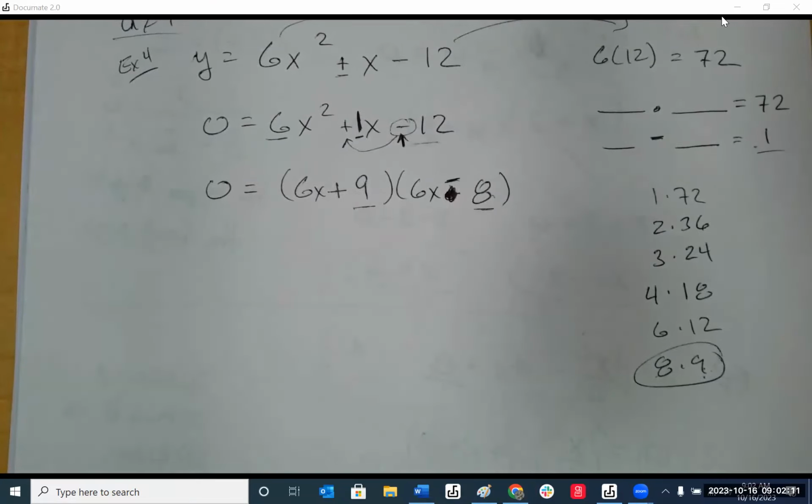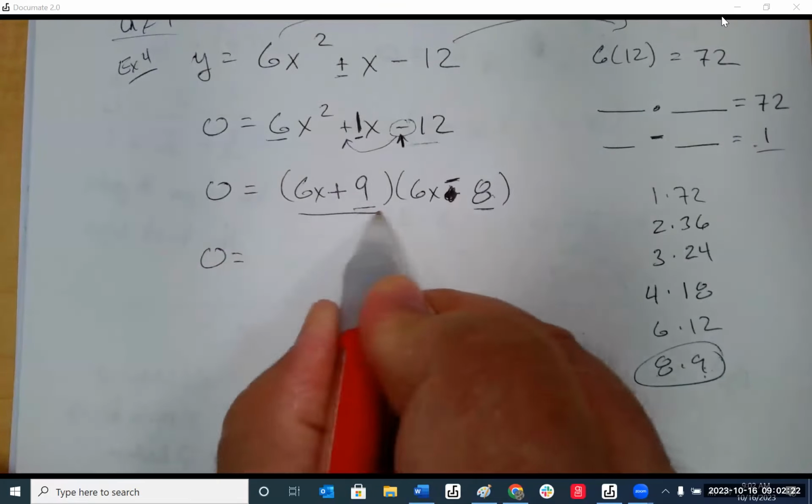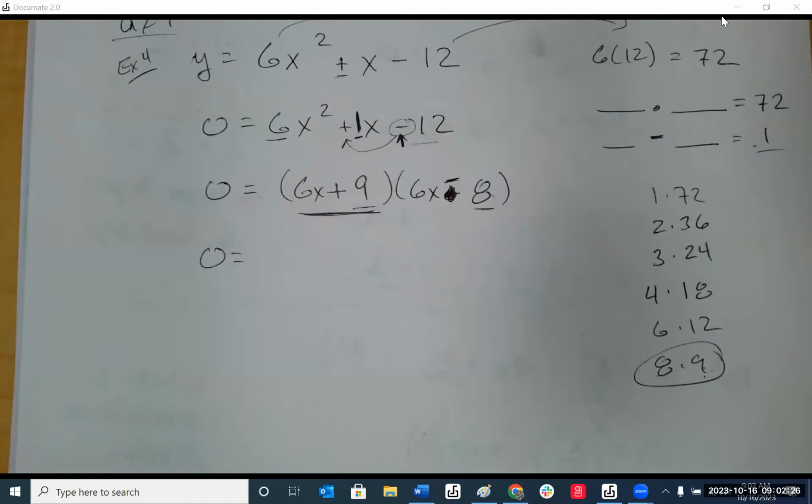Okay, now we could go ahead and set it equal to 0 and simplify it. But there is one way you can make it even shorter. In this first parenthesis, what do they have in common? What do 6 and 9 have in common?